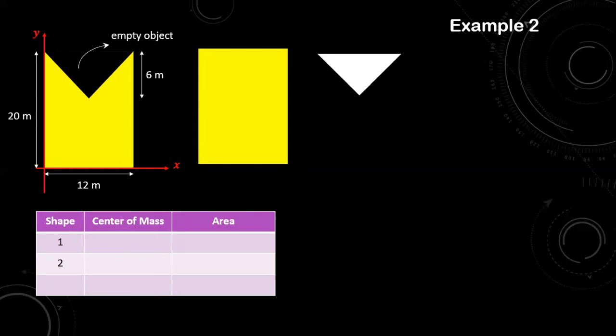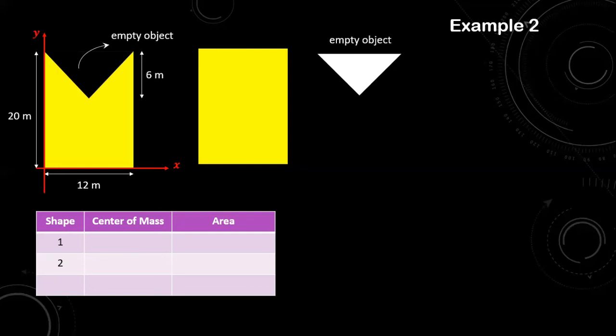Once again, this yellow object consists of two objects. A whole object is a rectangle, and the empty object is the triangle. That's right, everyone?